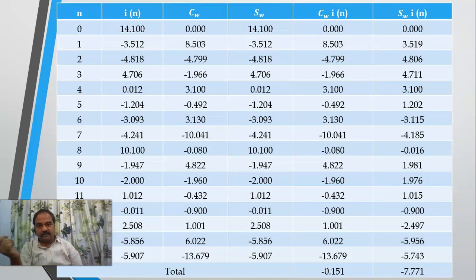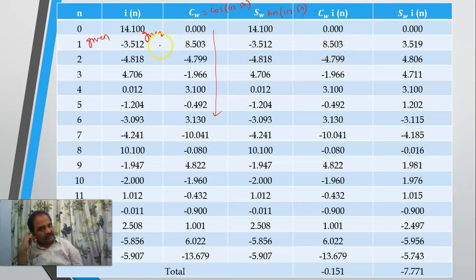Now, if you carefully see, this is given data and this is also given data. CW we have seen: it is cos 112.5 n. Here it is sine 112.5 n. The n value is varying from 0 to 15 here, and here also the n value is varying from 0 to 15.